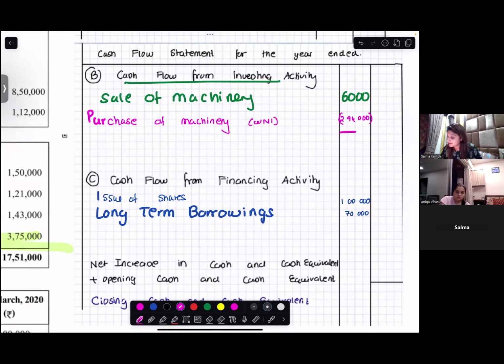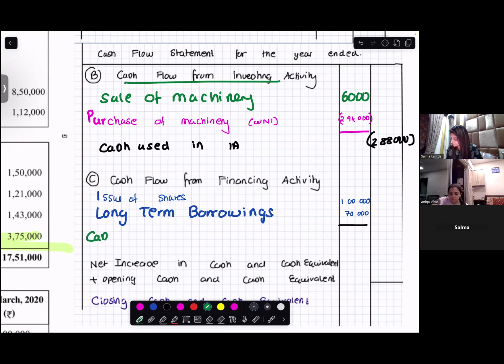My total investing activities is 292,000, so cash used in investing activities is 288,000, and cash flow from financing activity is 170,000.